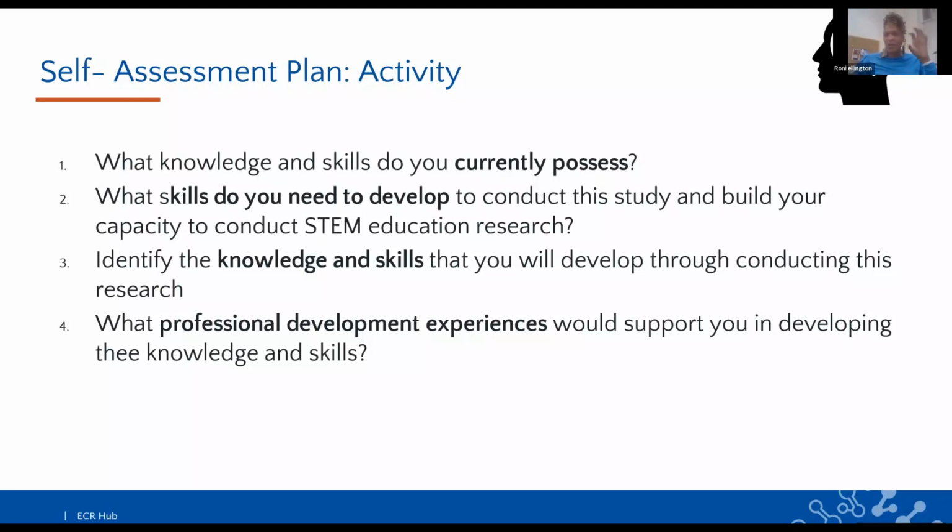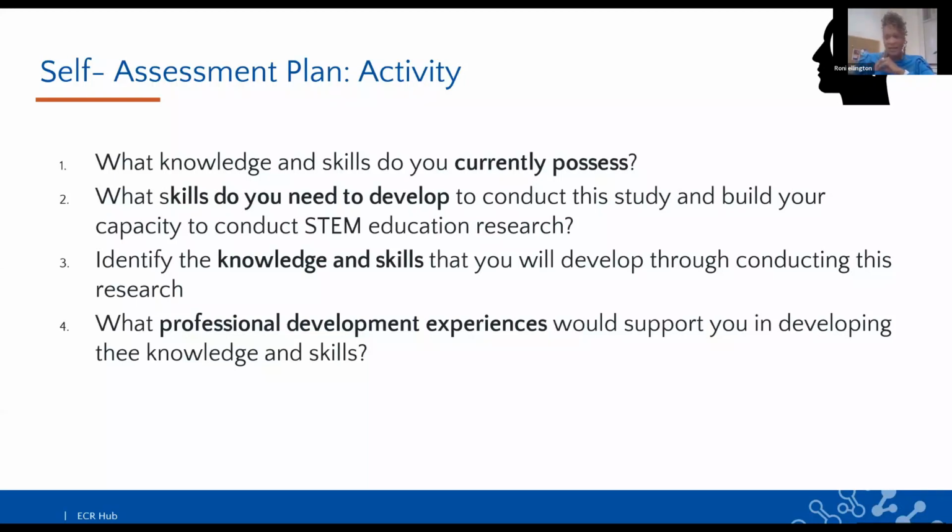So the first slide was just you thinking about your project as it relates to your self-development, your self-assessment. Now we're moving to how do you take that and start to build out a self-assessment and a development plan. Okay, so again, just think about this.